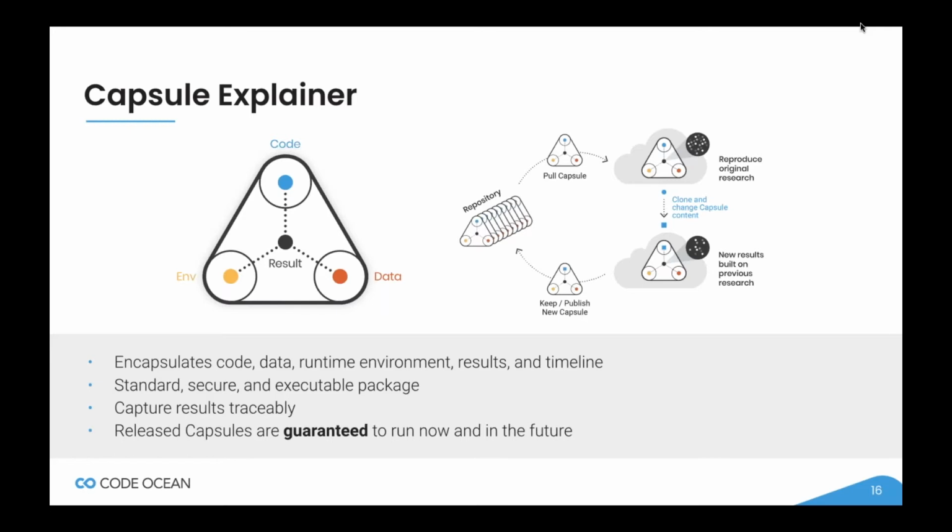Also, CodeOcean capsules offer the ability to be consistent. We offer a function called releasing, which allows you to create a snapshot of your Shiny app at a given time. Any capsules that have been released on the CodeOcean platform are guaranteed to run both at the present time of deploying your app and maybe in the future, such as 10 years from now.